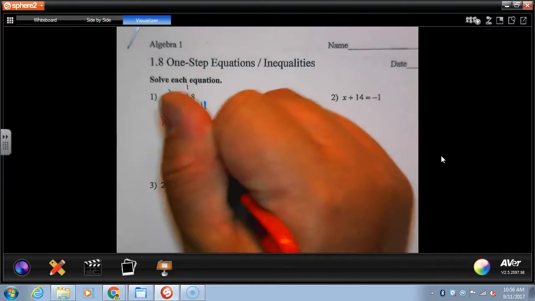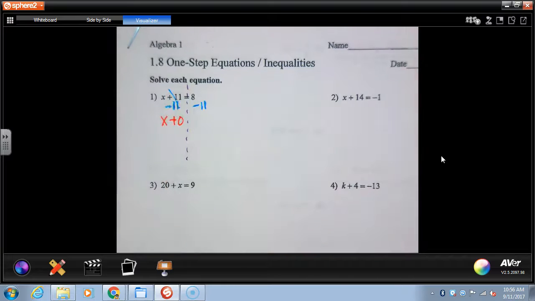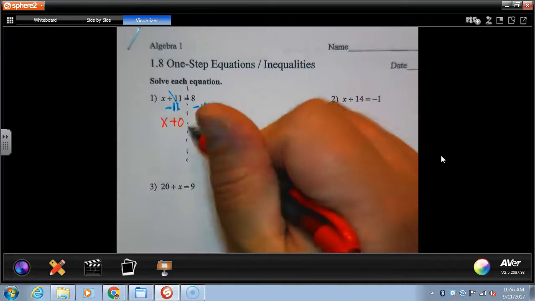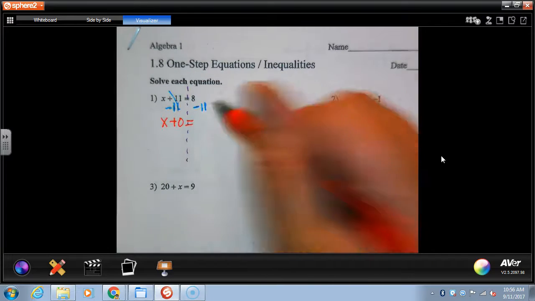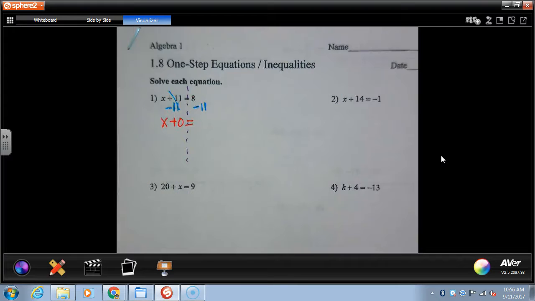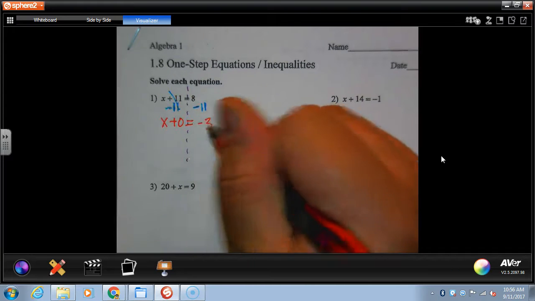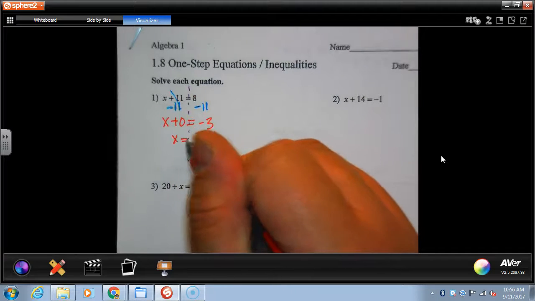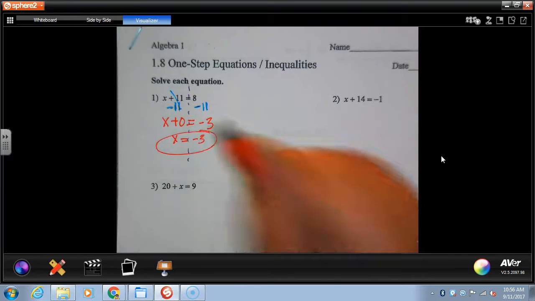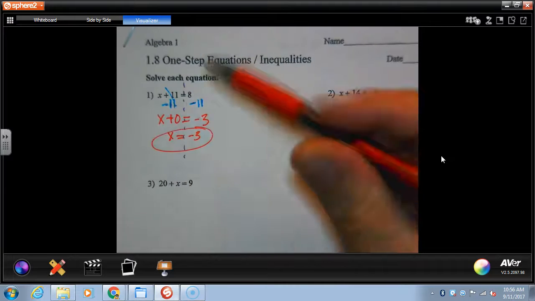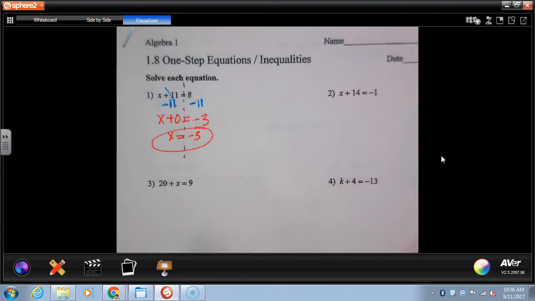If you want to put the 0 there, by all means, go ahead. Okay. 8 minus 11. If you put the 0 there, you're going to have to clean it up. But this is one step. From here to here is one step.